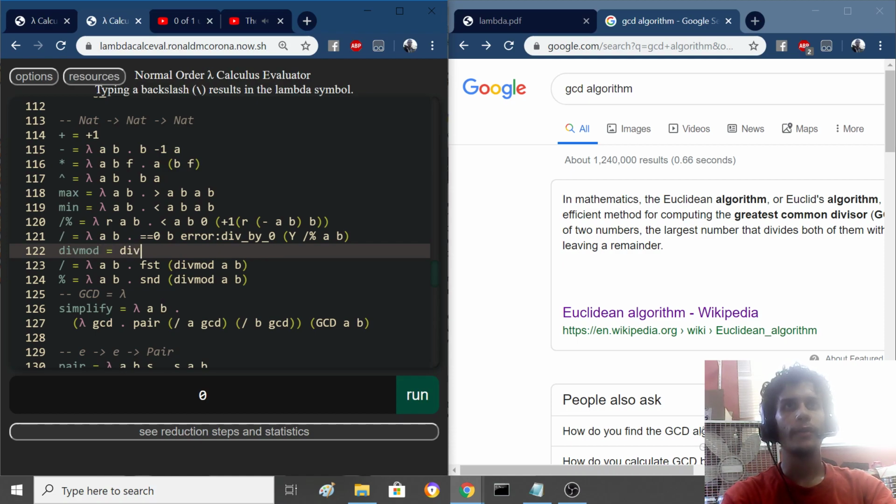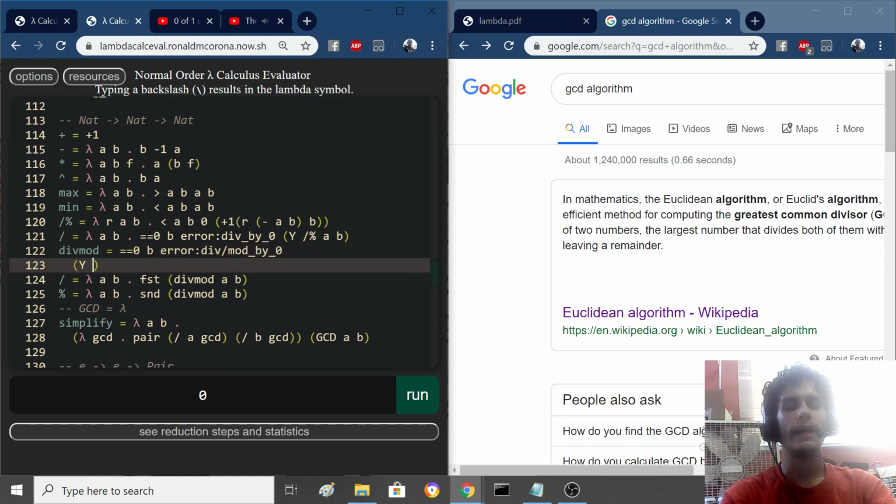It'll be recursive, so first, if B equals 0, then divide by 0 error. And if it's not 0, then I will go ahead and recurse. Oh, and div mod is a function that takes A and a B.